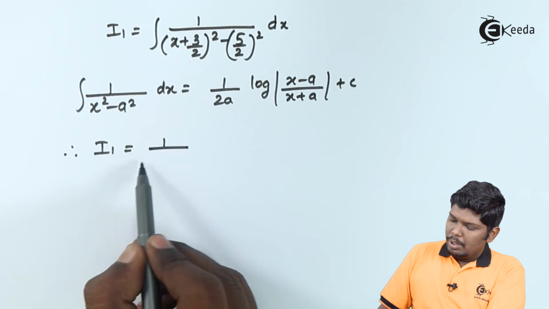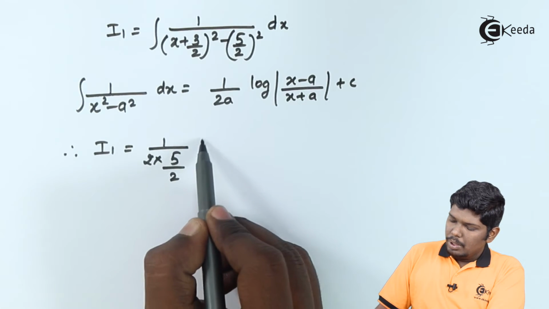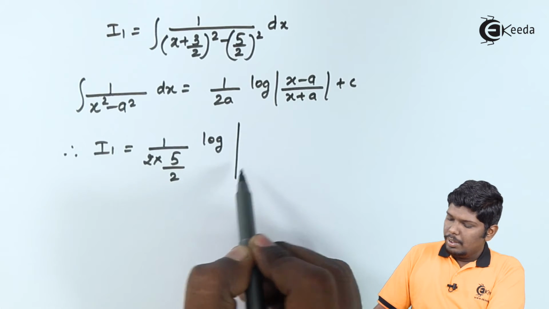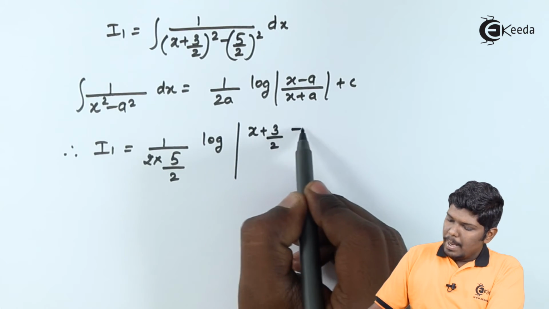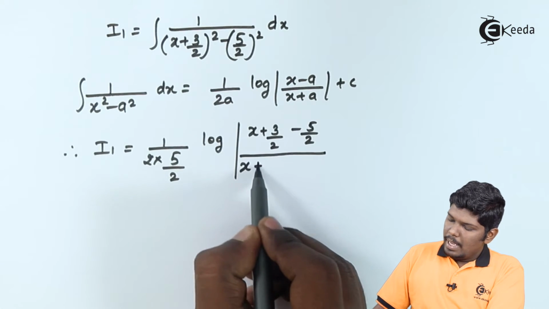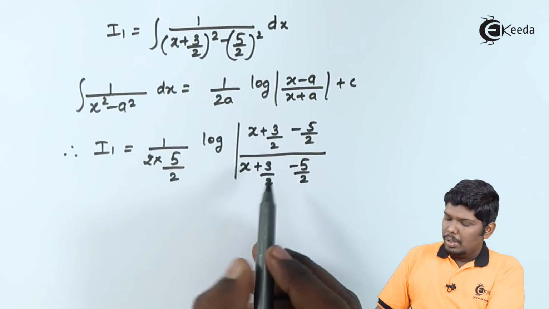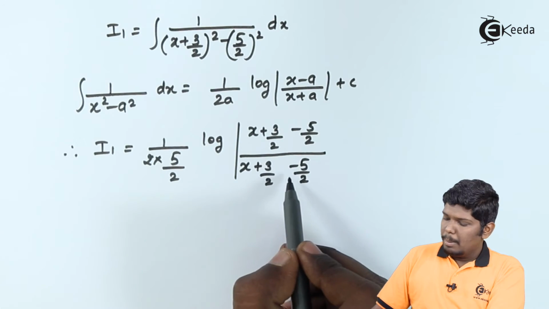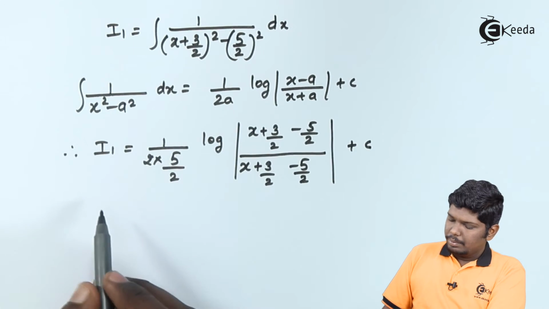1 upon 2 into the value of a, 5 upon 2, log of x, that is x plus 3 by 2, minus 5 upon 2 divided by x plus 3 upon 2 plus 5 upon 2, plus c.